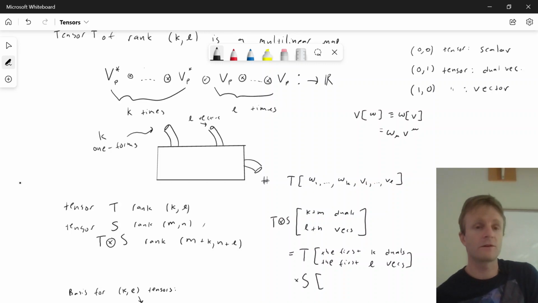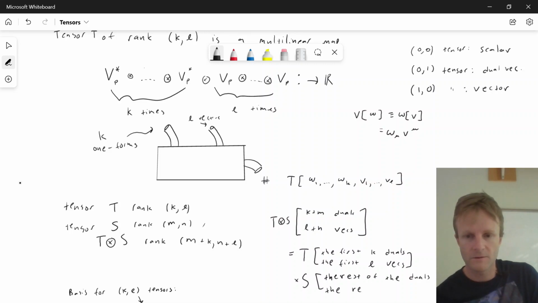The other tensor, which has slots for M dual vectors and N vectors, and then it's just the rest of the dual vectors and the rest of the vectors.